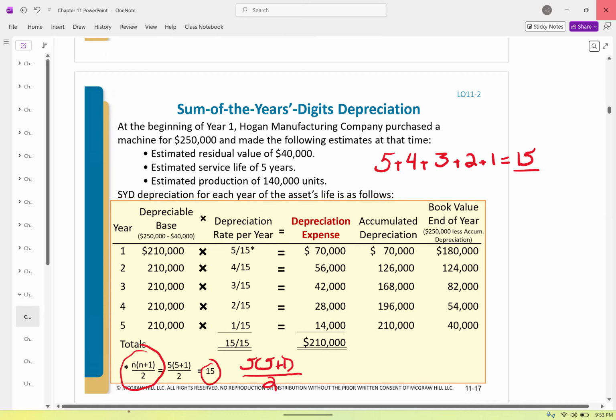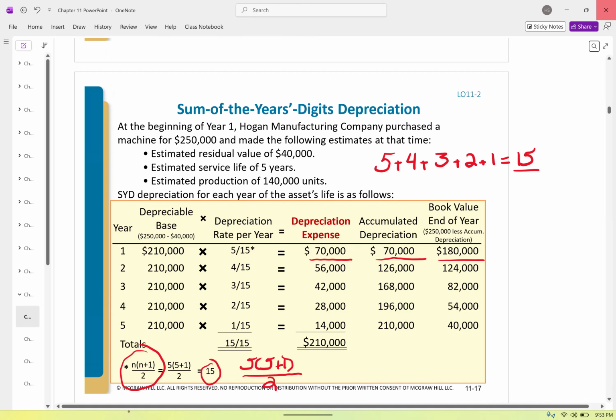In each one of these fractions, we're going to take that depreciable base and multiply it times the fraction. In year 1, we multiply it times 5 divided by 15. Not quite as much as double declining balance, but quite a big depreciation expense here. Accumulated depreciation, remember, is our contra asset account, and that leaves us a book value of 180.